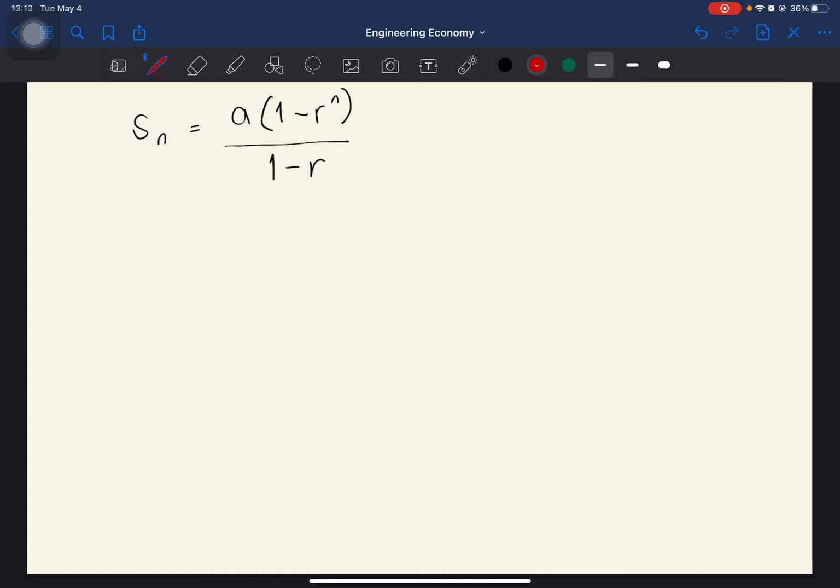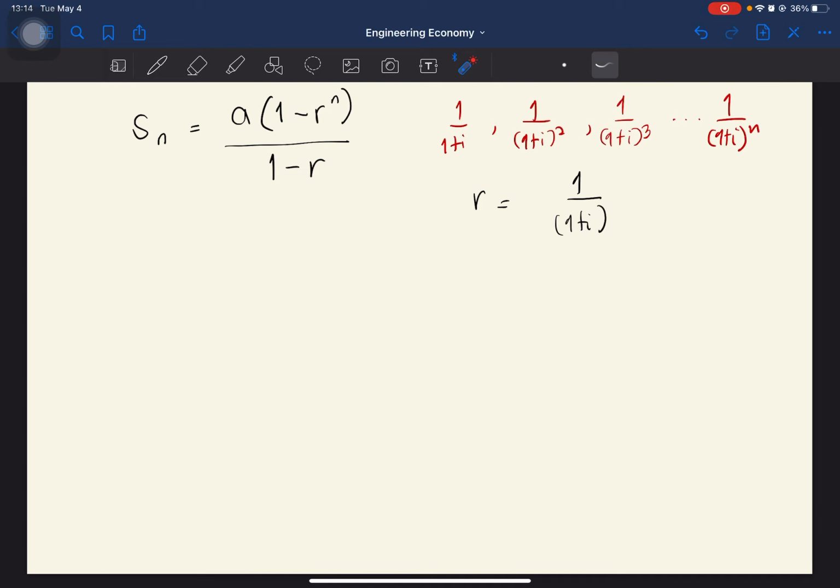In our case, yung ating series, first term is 1 over 1 plus i, second term is 1 over 1 plus i squared, third term is 1 over 1 plus i cube, and so on, 1 over 1 plus i raised to n. Okay? At yung ating common multiplier is 1 over 1 plus i. You multiply that to every term to get the next term. Now we want the sum of this series.